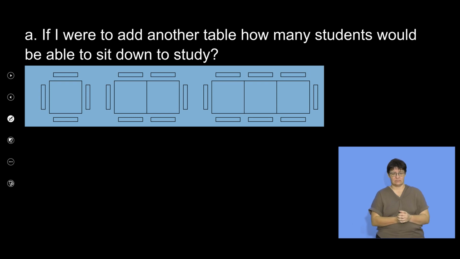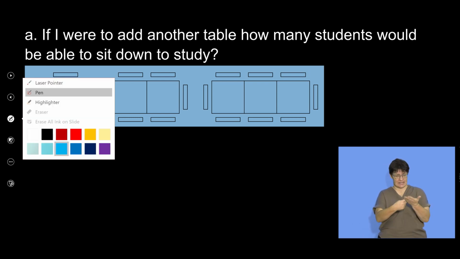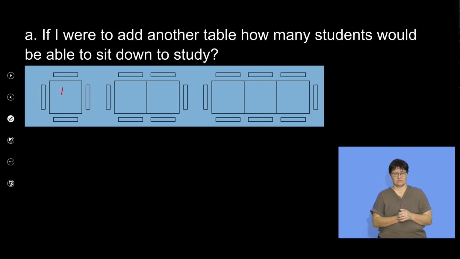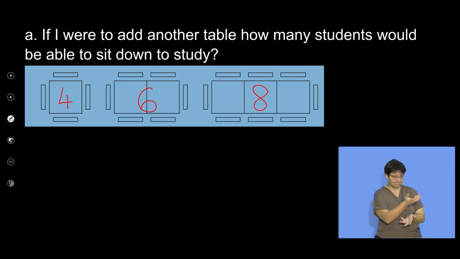So we've already discussed that at our first table we have 4 people. We have 6 people when we add another table. And then when I add a third table, we then have 8 people seated to study. This question is now asking me if I were to put 4 tables together.